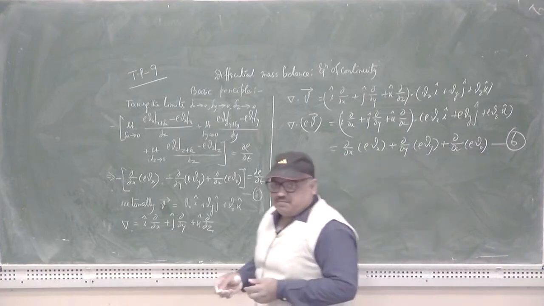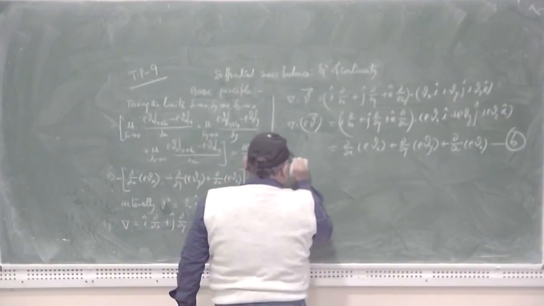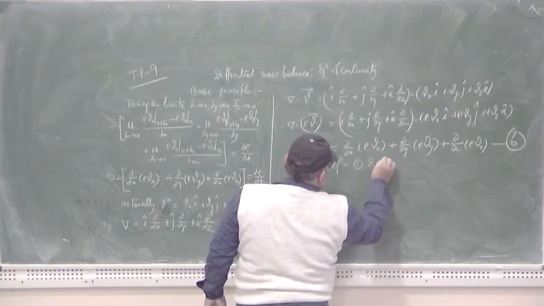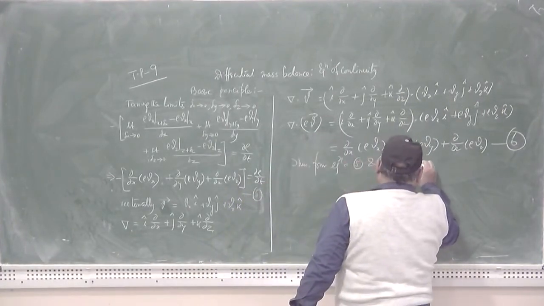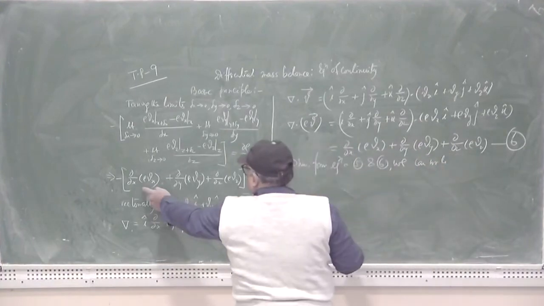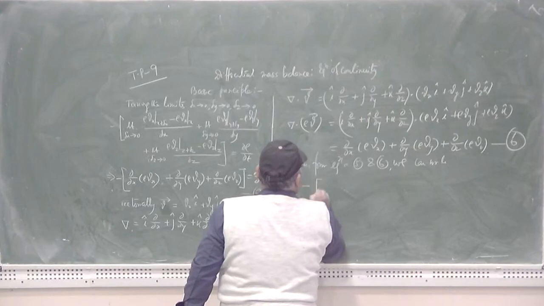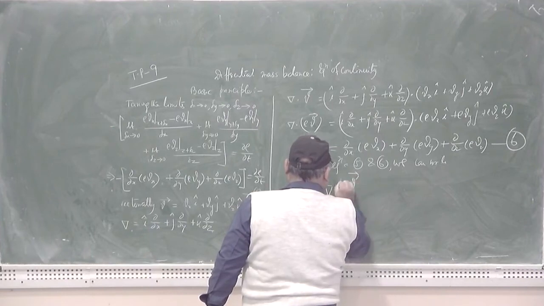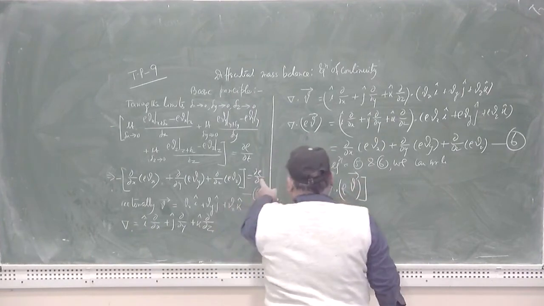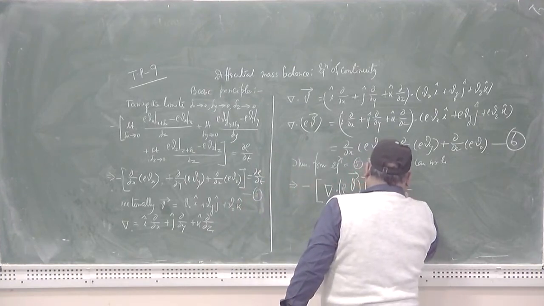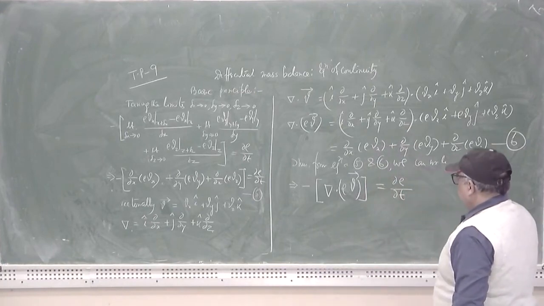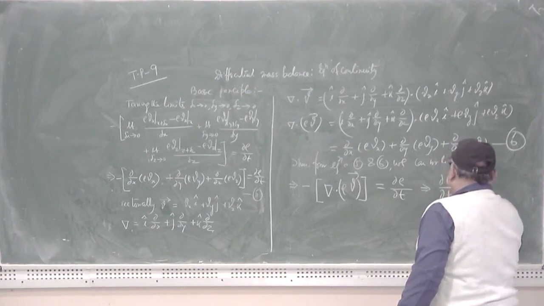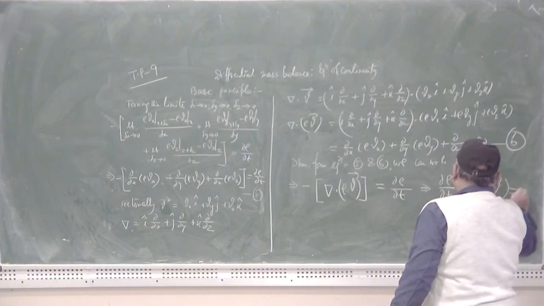Now, taking the help of equations 5 and 6, we can write minus del dot rho v vector is equal to the time derivative of rho with respect to t, or ∂rho/∂t plus del dot rho v vector is equal to 0.